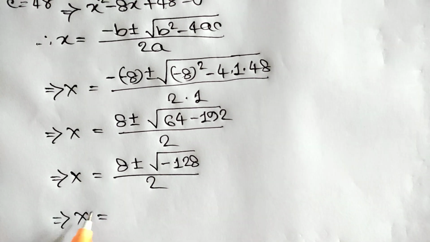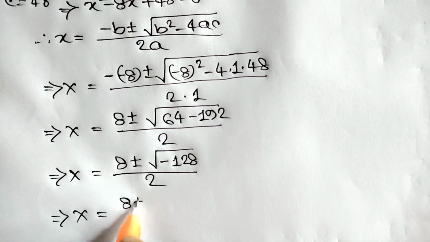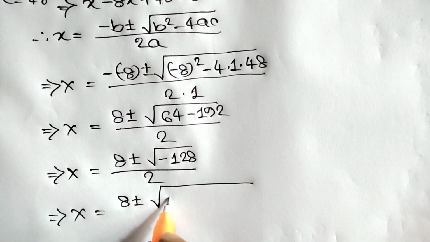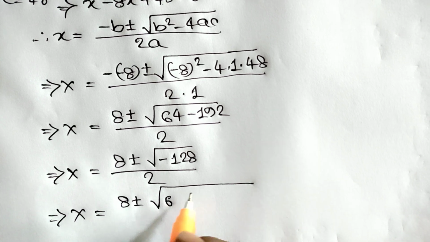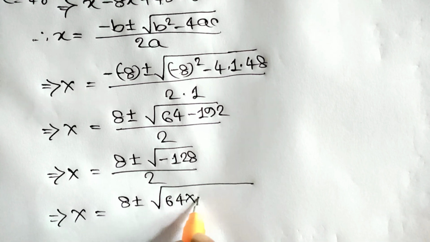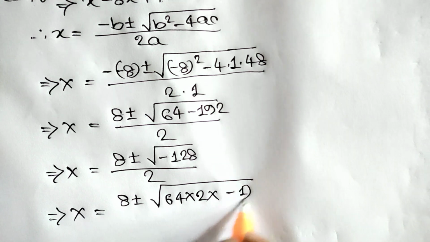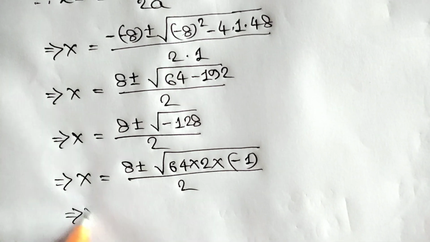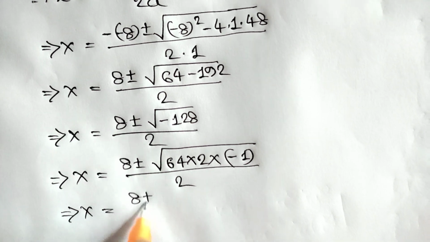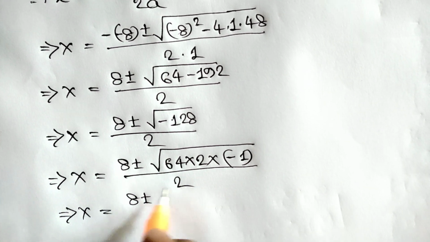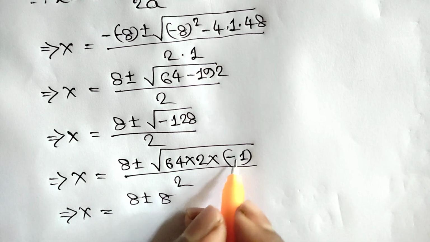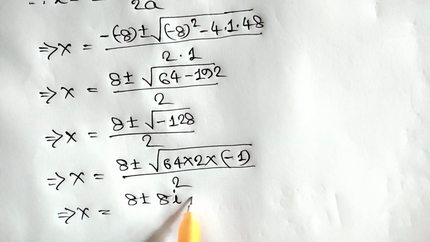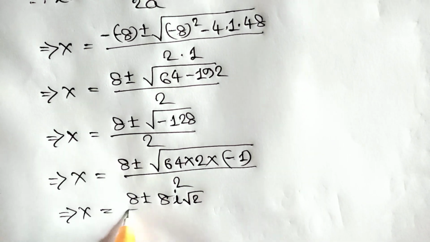Or x is equal to 8 plus or minus, here we can write square root of 64 times 2 times negative 1 over 2. Or x is equal to 8 plus or minus square root of 64, that means 8, square root of negative 1 is i, here i is an imaginary value, and square root of 2 over 2.